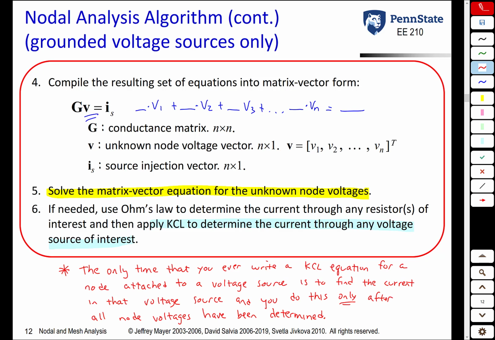Let me repeat this because it's important. The only time you ever write a KCL equation for a node attached to a voltage source in this algorithm is if you want to find the current in that voltage source, and you do this only after all node voltages have been determined already.